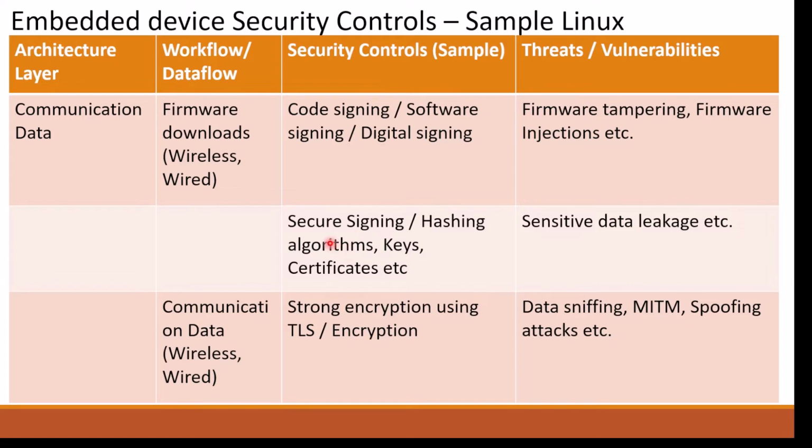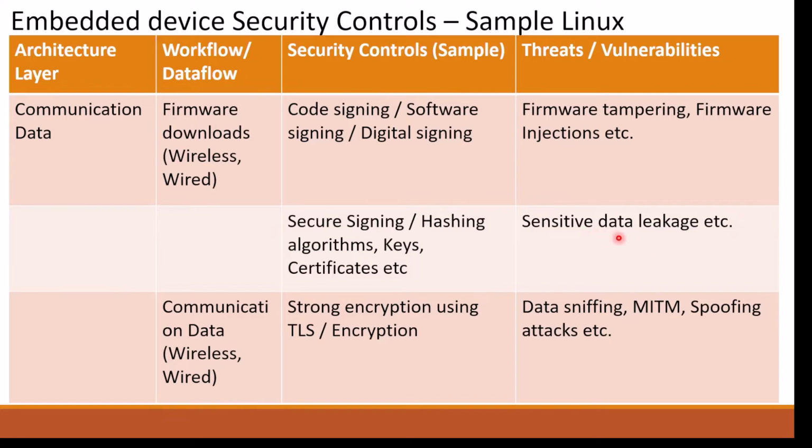Then the second control: secure signing algorithms, hashing algorithms, keys and certificates. These configurations we need to set up securely on both the device side as well as the IoT core side. Suppose we miss these controls, it may cause sensitive data leakage, like exposing the keys, hashing algorithms and certificate details.